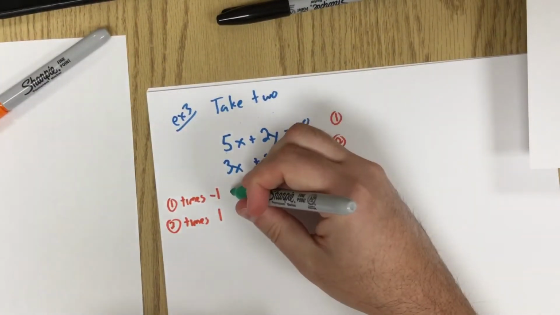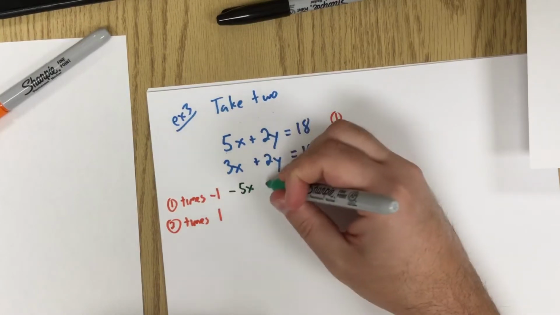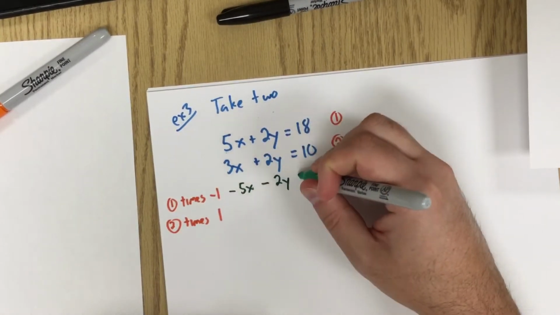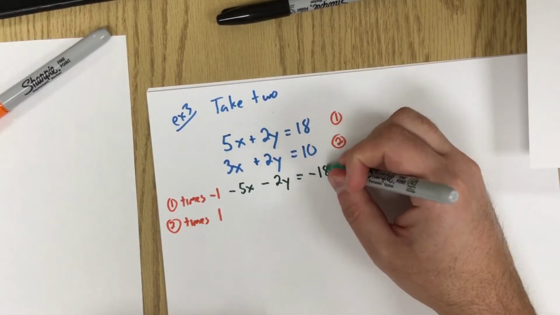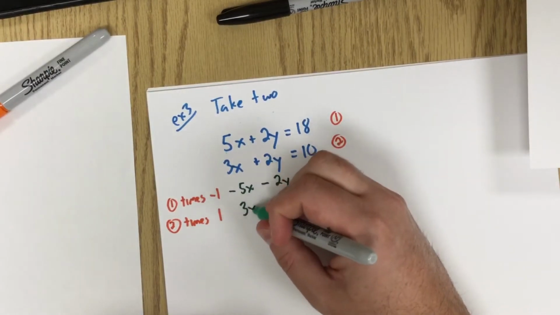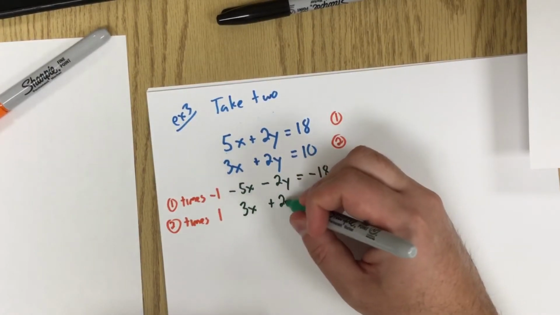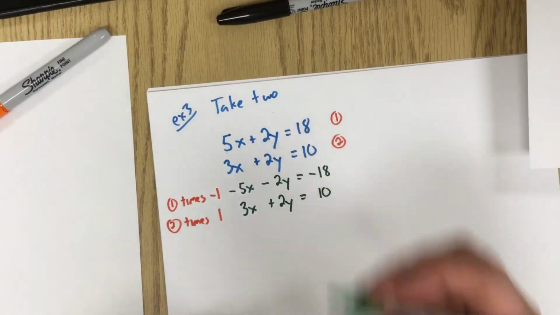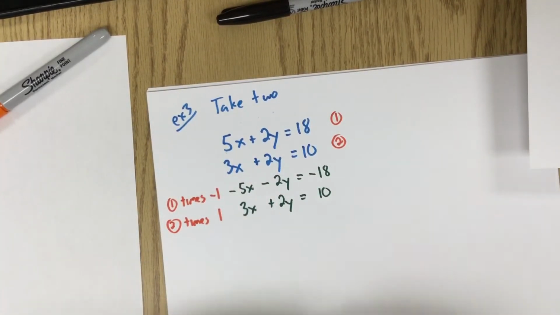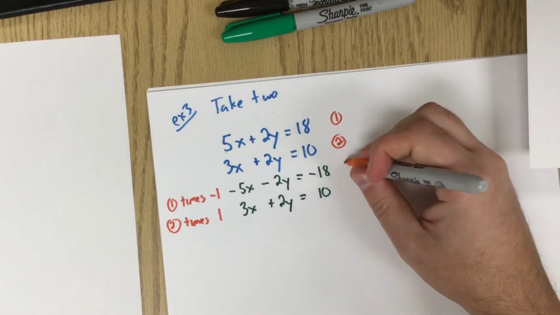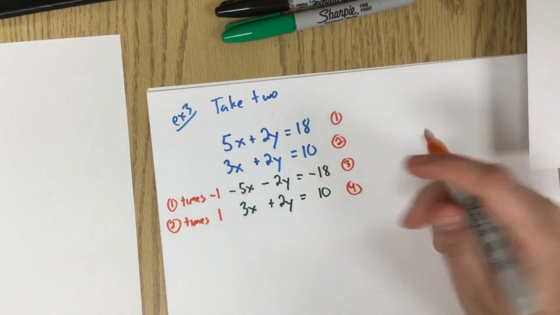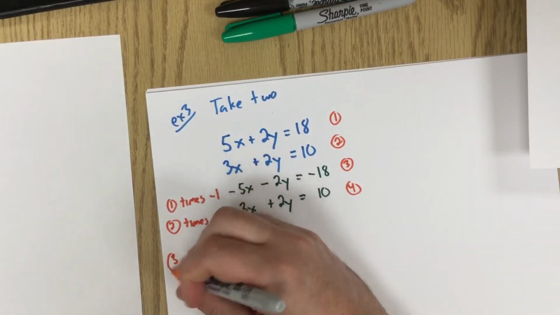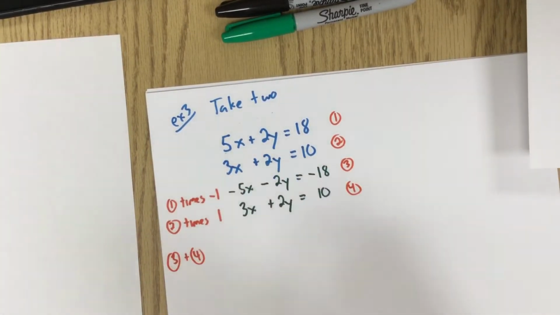So we multiply this by -1, we get minus 5x minus 2y equals minus 18. 3x plus 2y equals 10. That's 3, that's 4. Now I'm going to add these guys. So I'm going to go 3 plus 4.